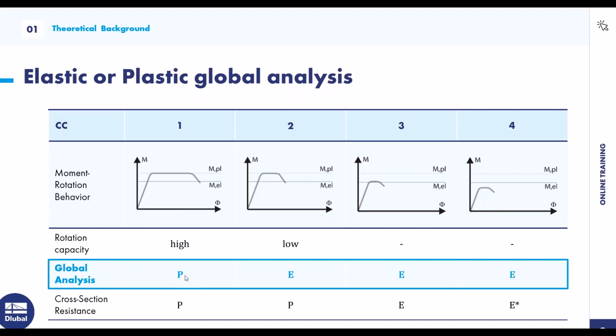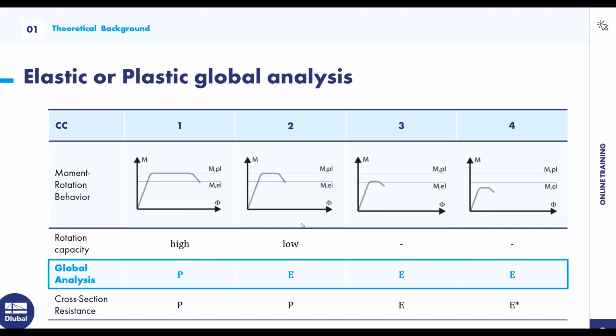For example, you can consider plastic hinges, but it's not so often used in practice. And the cross-section resistance can be applied plastically.